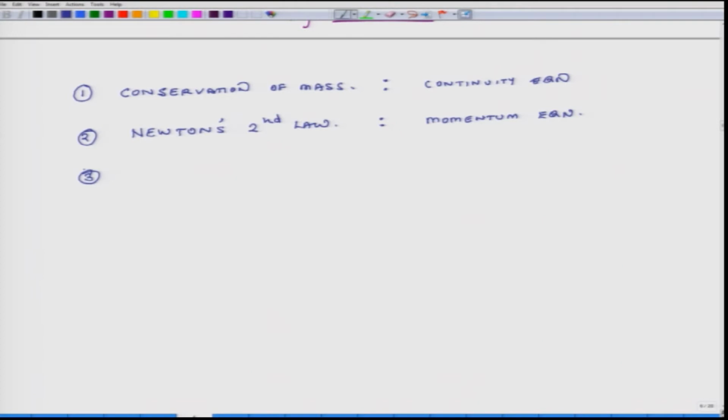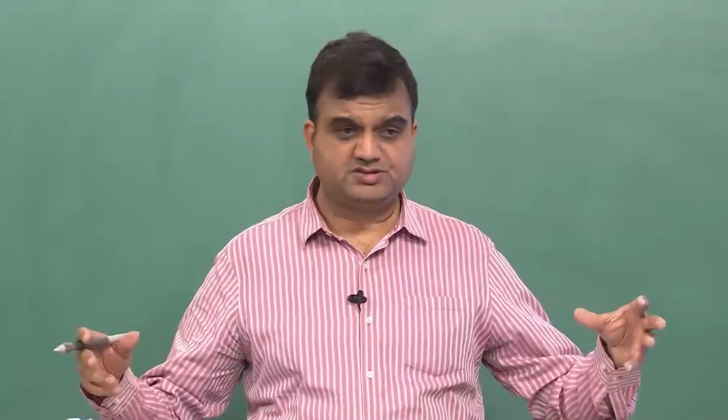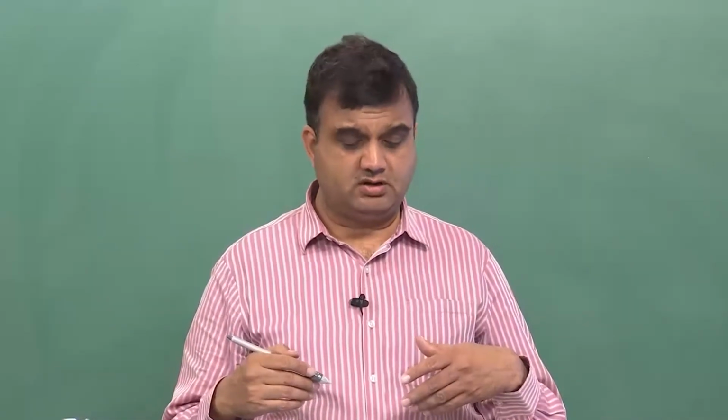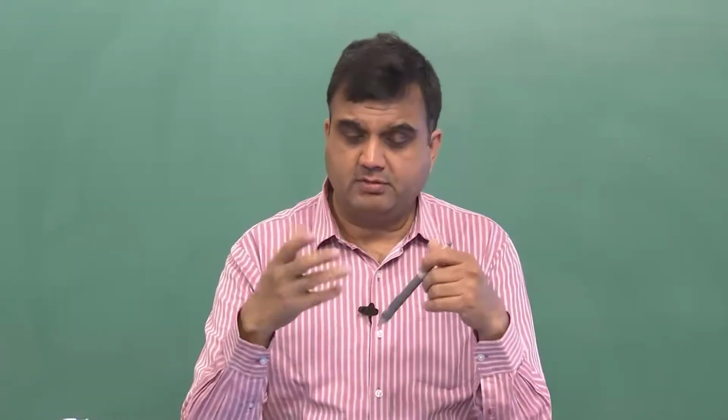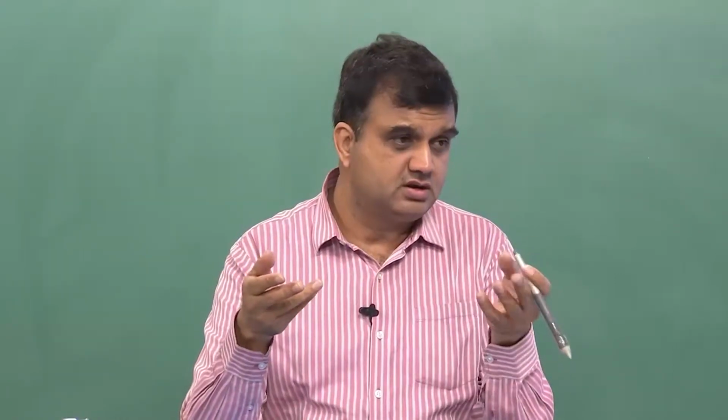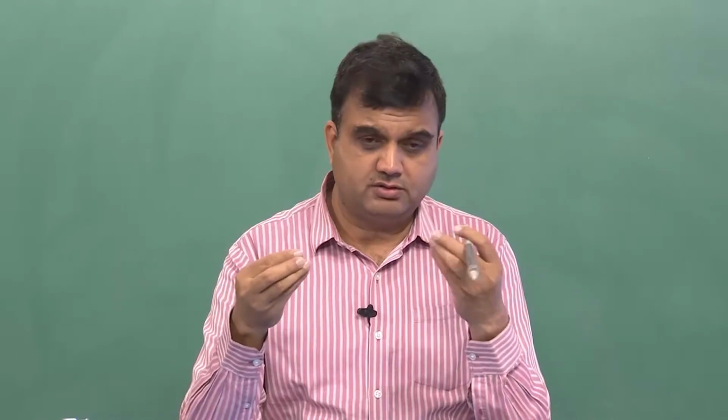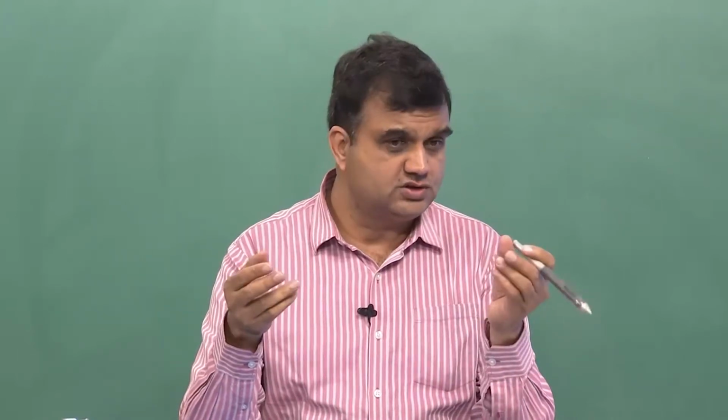And then the third equation which we will use is the process equation. We know that when air gets compressed and it expands, it can exhibit all types of behavior. That behavior could be adiabatic in nature, it could be isothermal, it could be isobaric, and so on and so forth.